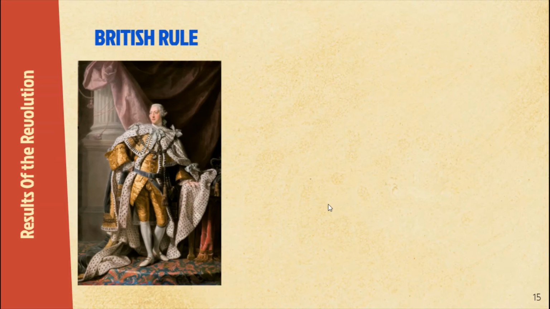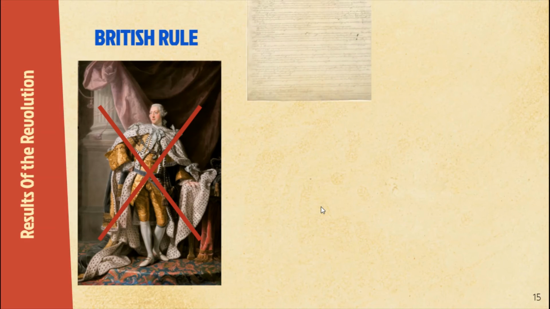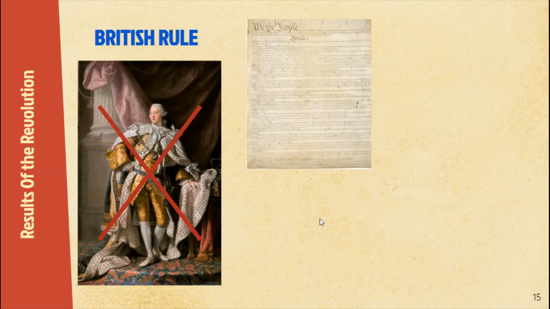So the war has ended, and here are the results of the revolution. First off, one of the most important things, no more British rule. This revolution brought an end to the British rule in America. A written constitution was framed.